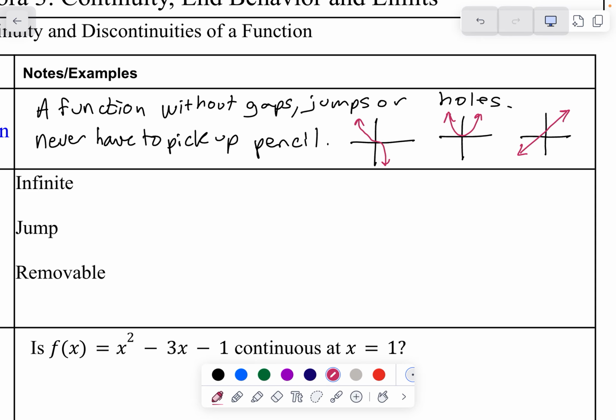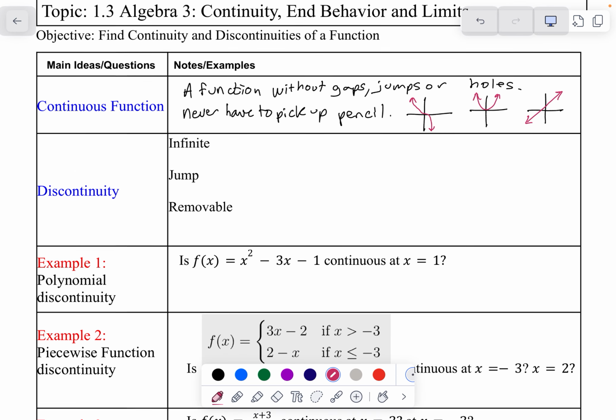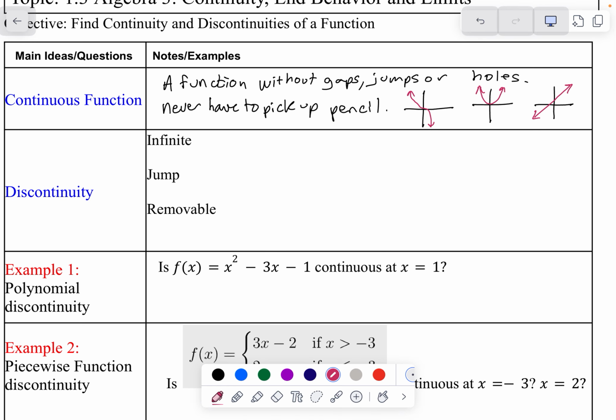If we know what a continuous function is, then our goal is to look at, well, what is a discontinuous function? What does it mean for it to not be continuous? So that's a discontinuity, going the opposite direction. An infinite discontinuity is a gap where there is a vertical asymptote.